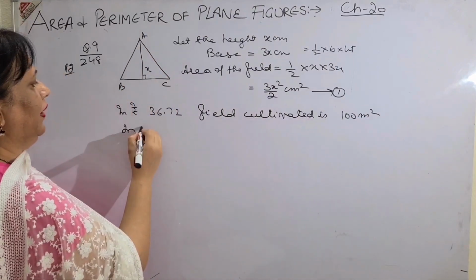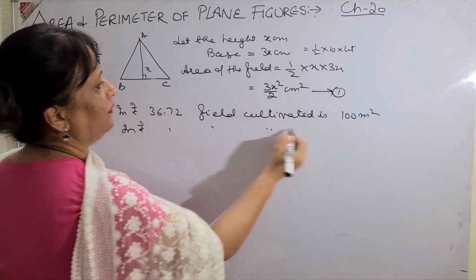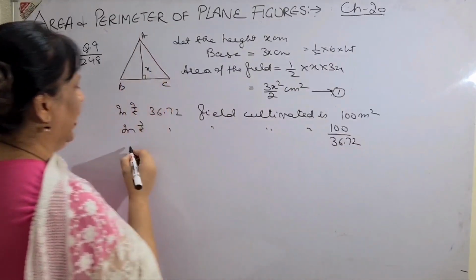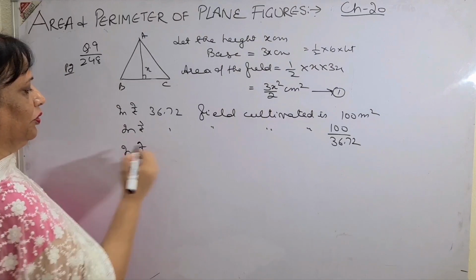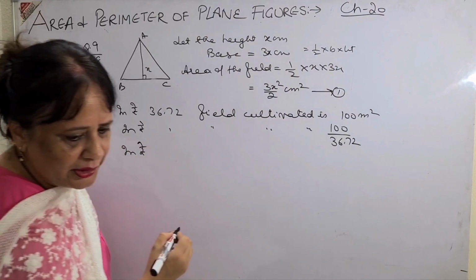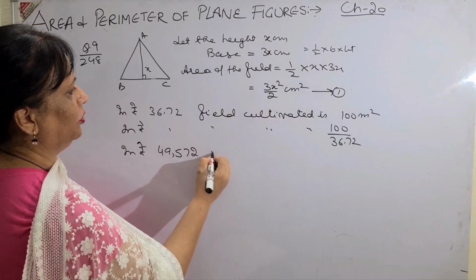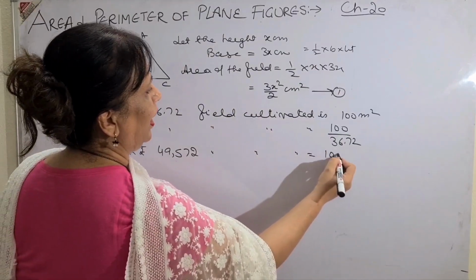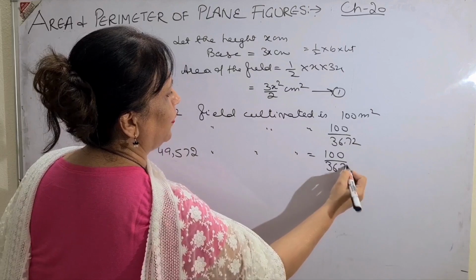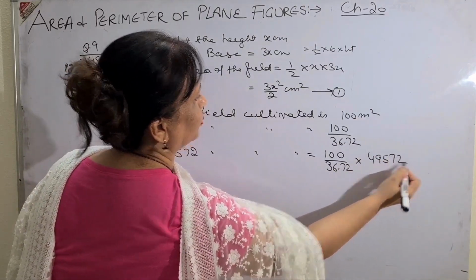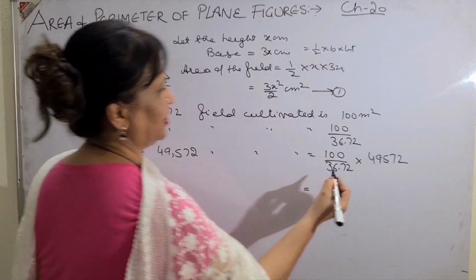So in 1 rupee the field cultivated will be 100 upon 36.72, and in rupees they have given you in total 49,572. Field cultivated will be 100 upon 36.72 into 49572.